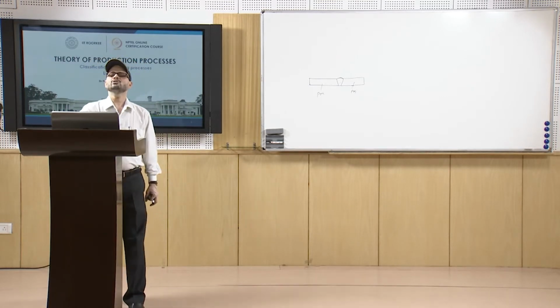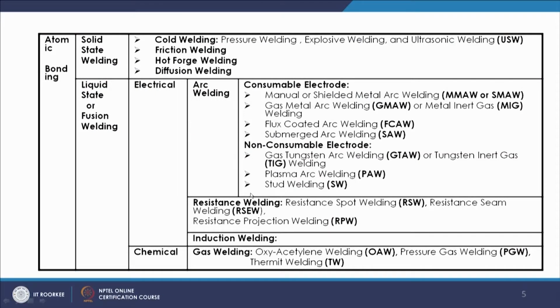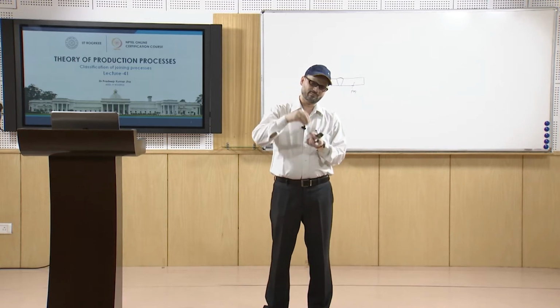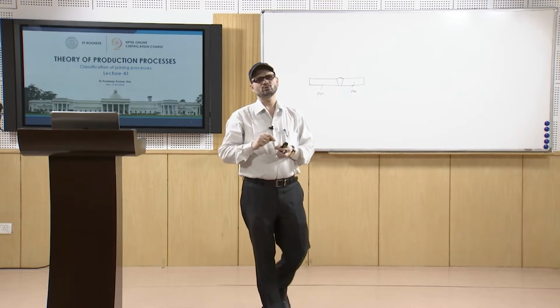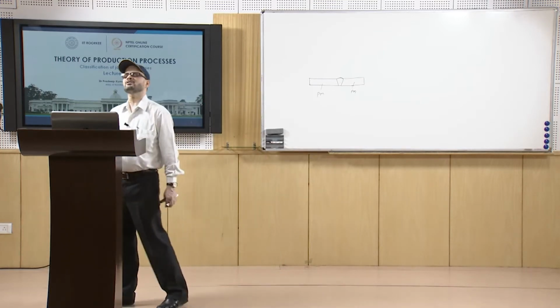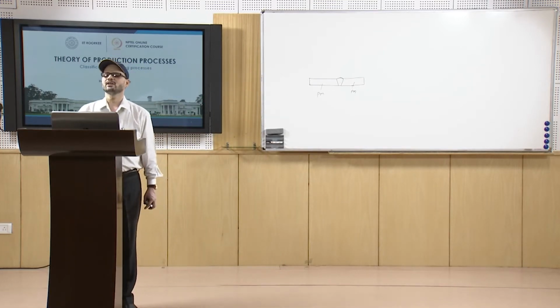Further, we also use electrical means as a source of energy for the resistance welding operations, where resistance is applied for creating the bond between two sheets, mostly in automotive applications. So you have resistance spot welding or resistance seam welding.